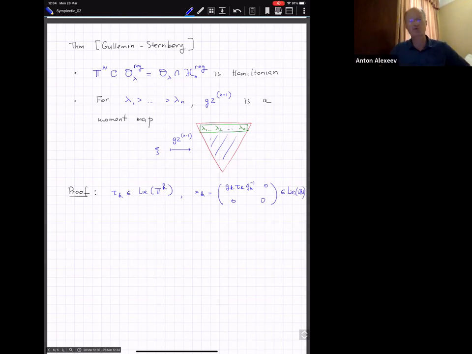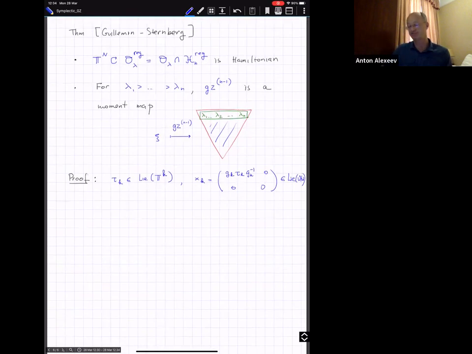So that's the corresponding element. I just take an infinitesimal action of TK. We act by conjugation. This means that basically we go through some UN action, and that's the corresponding element.